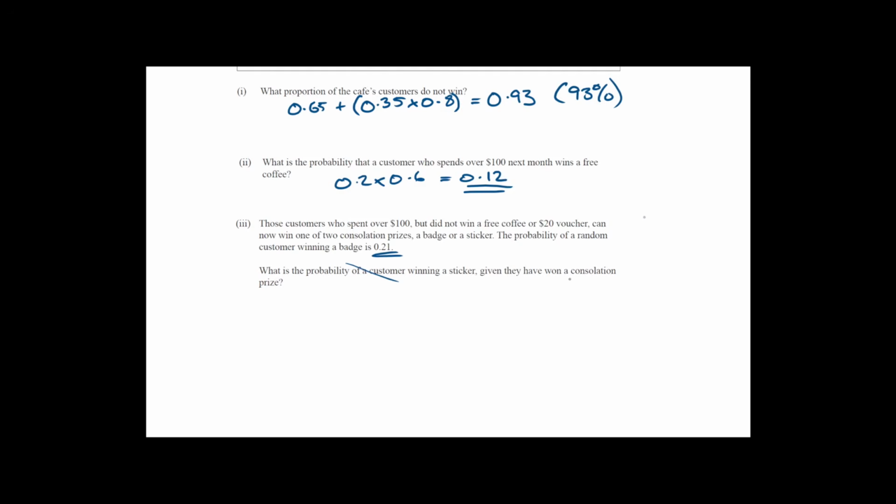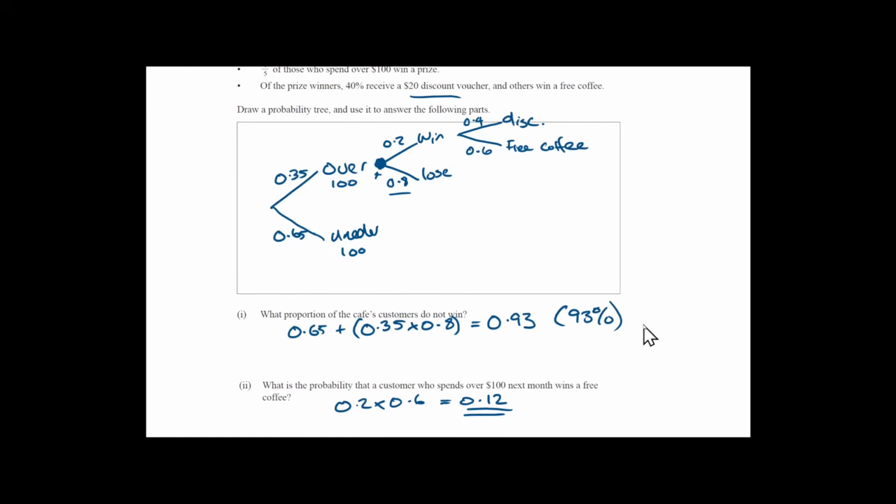What a strange one. Okay, let me think through this question. The probability of a random customer winning a badge is 0.21. What is the probability of a customer winning a sticker? Okay, so that tells us that if they lose here, they get to win either a sticker or a badge.